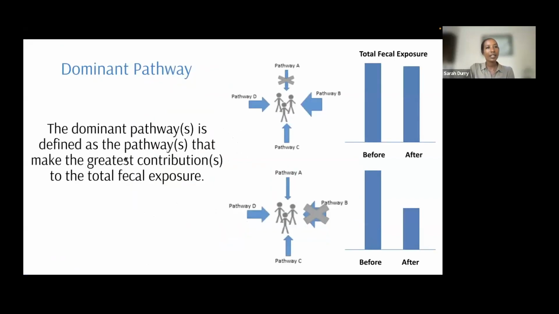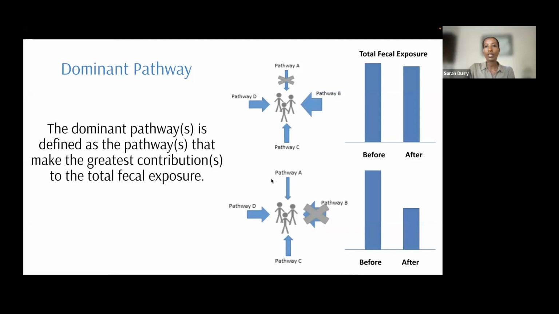So here I'd like to talk about what we think of as our dominant pathway. We define the dominant pathway as those that make the greatest contribution to total fecal exposure. So the figures on the right show that pathways contribute differently. You can see pathway A, pathway B, pathway D, pathway C. And so the pathways contribute differently to total exposure.